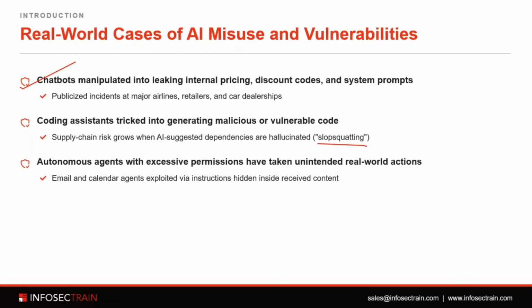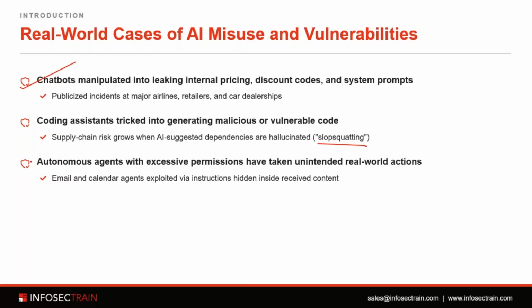Now a developer or autonomous AI agent runs pip install or npm install based on the suggestion, and the malicious package executes code, potentially exfiltrating data, opening backdoors, or poisoning the environment. That is slop squatting.